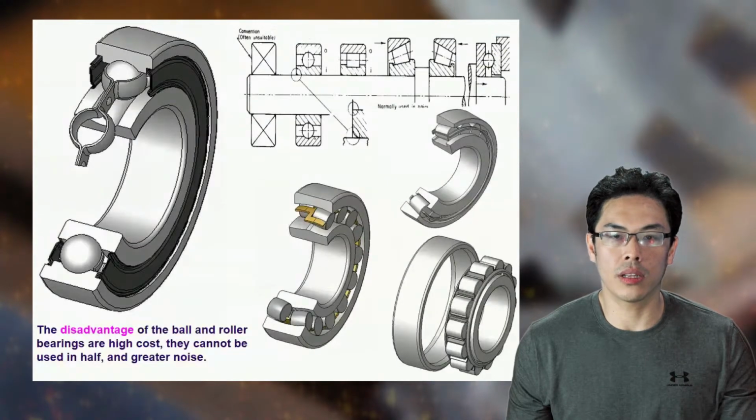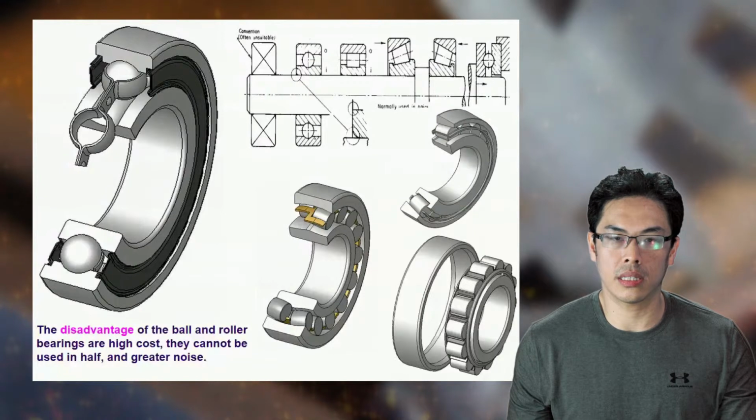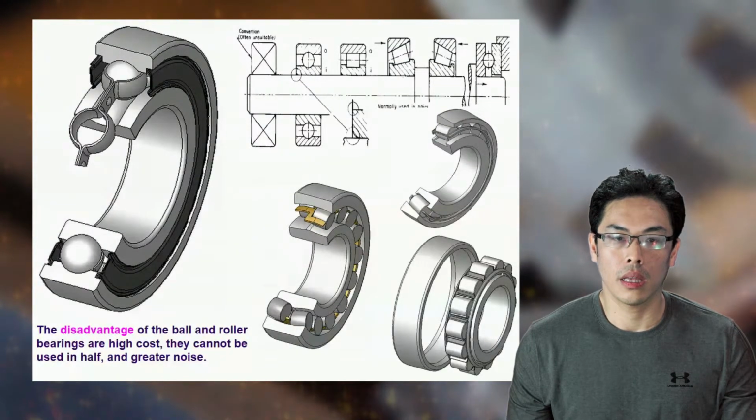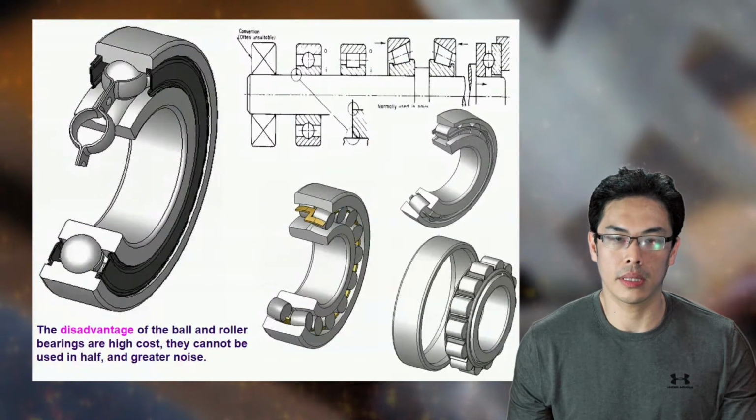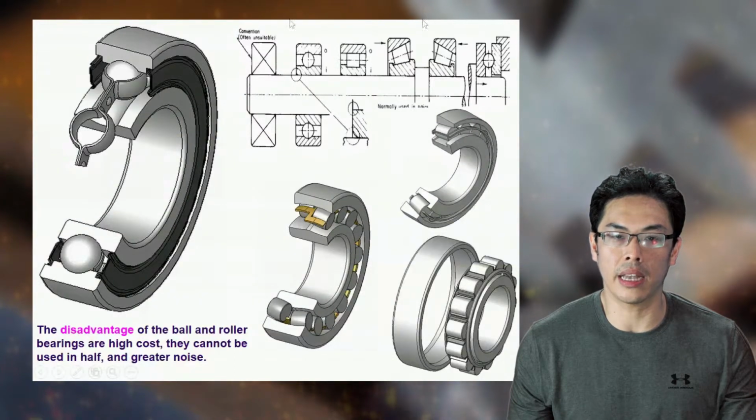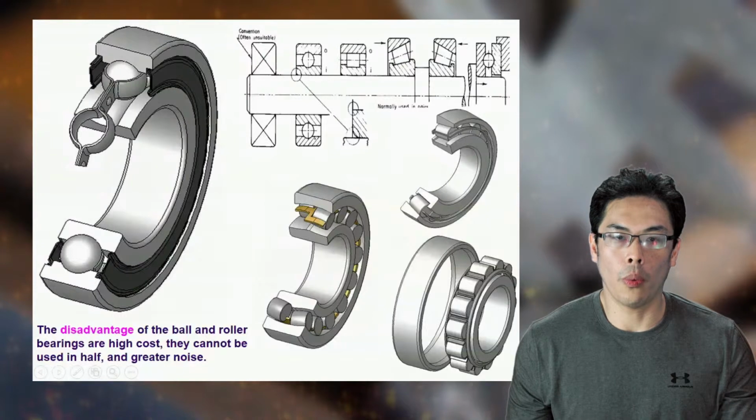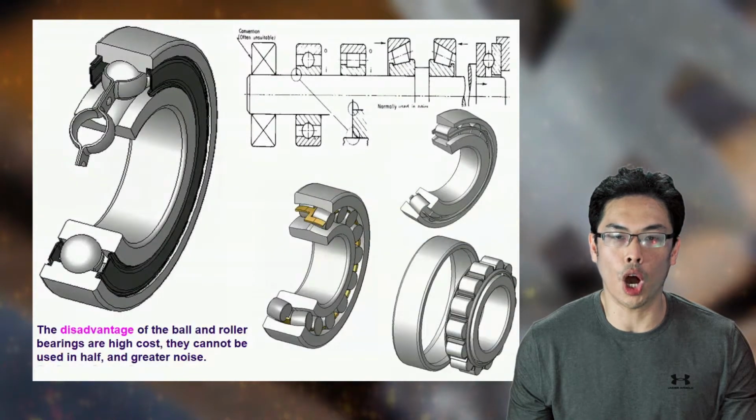The ball and the roller bearing consists of the following parts: inner ring or race, which fits on the shaft; outer ring or race, which fits inside the housing. Balls and rollers are arranged between the surfaces of the two races.